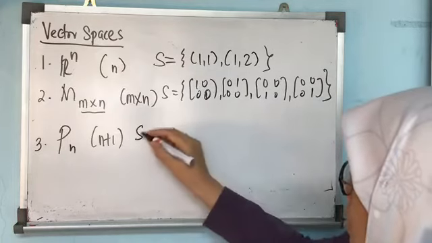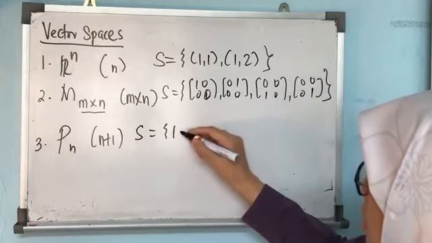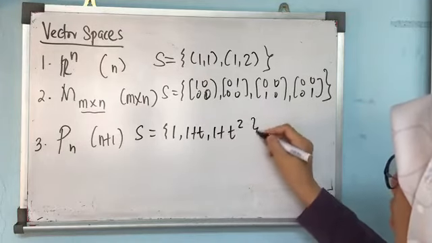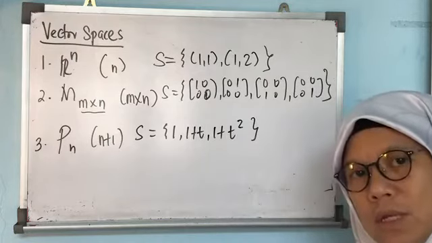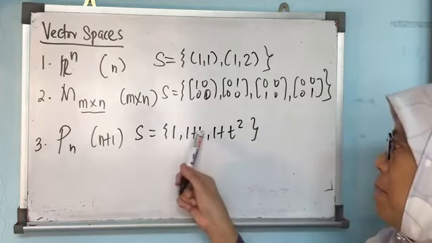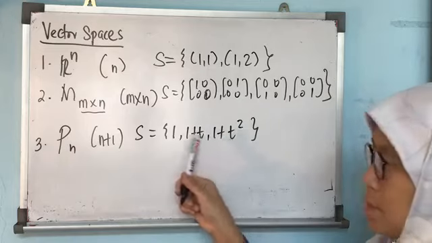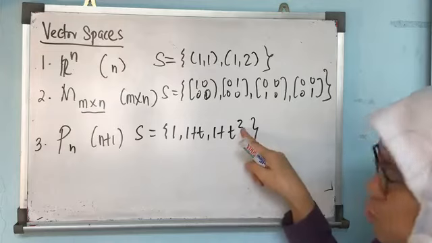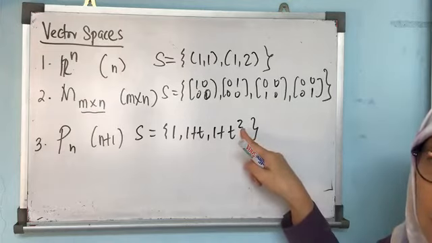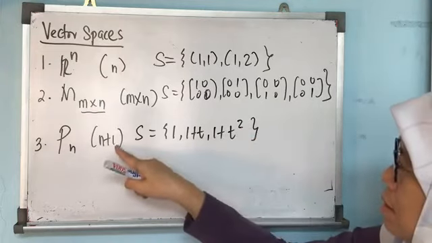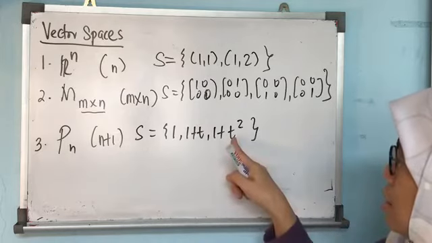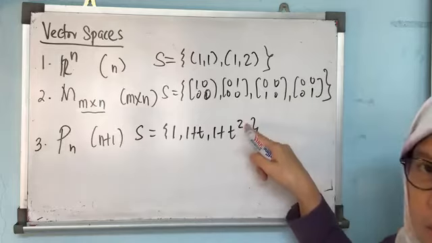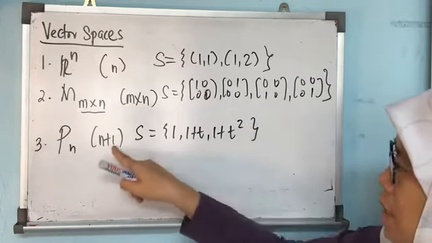For this one, 1 plus t, 1 plus t squared, something like this. So in this case, m is 3, n is this plus 1. Okay, n plus 1. This is P2, right? This n is the highest power, the degree of the polynomial, adding 1.